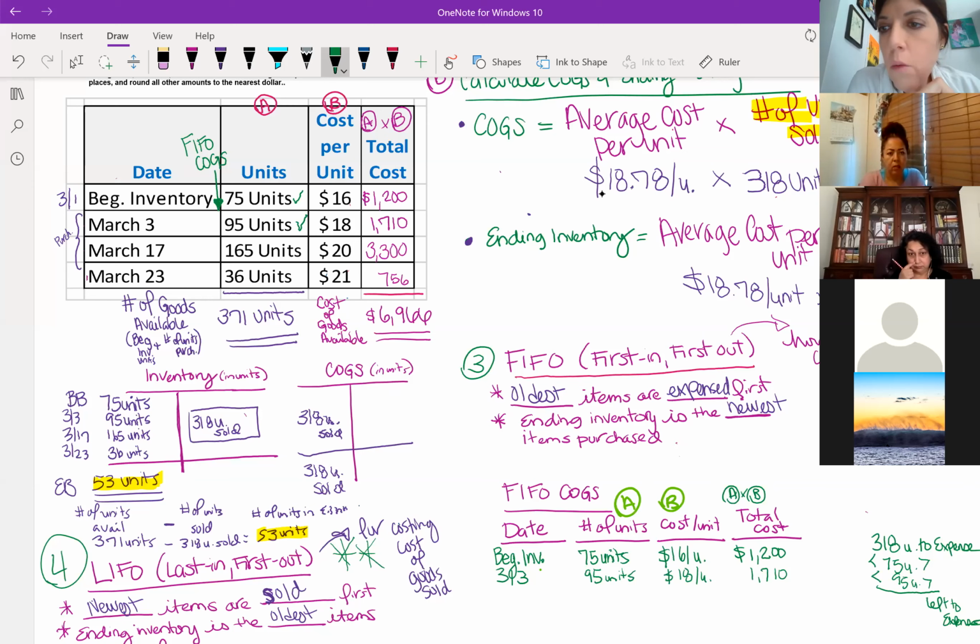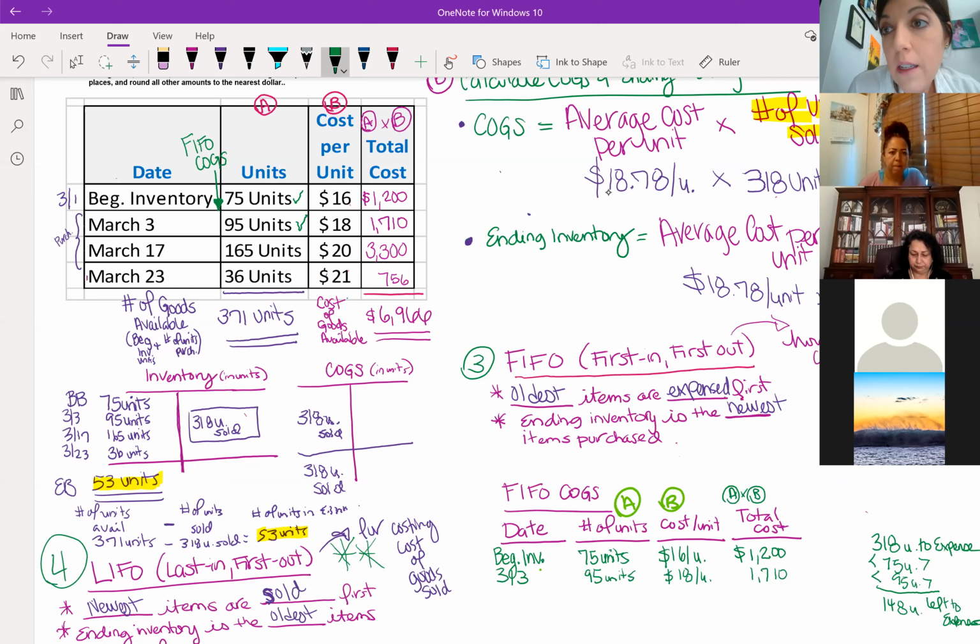Not the 371, because the 371 is the total available. Just the 318. So 318 minus the 75 minus the 95. Okay, so we have 148 units left to expense.